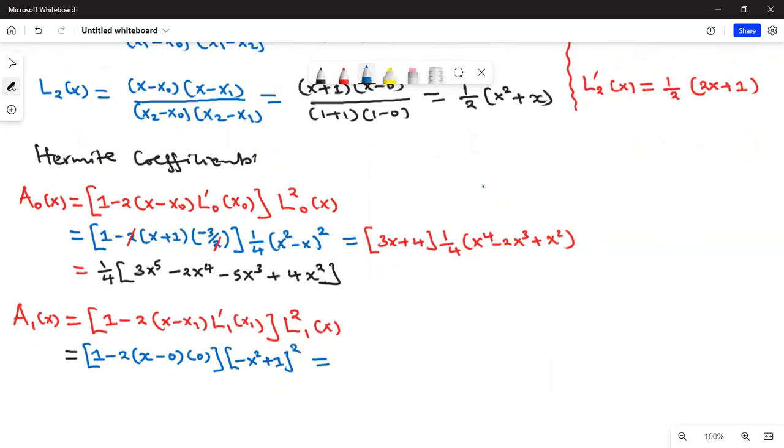And so this can be written as, now the first bracket is just 1, because this is 0, so this will vanish. So we remain with the 1 times the whole of this one. It is 1 times (1 minus x squared), everything squared. When you work it out, this is what you need to get.